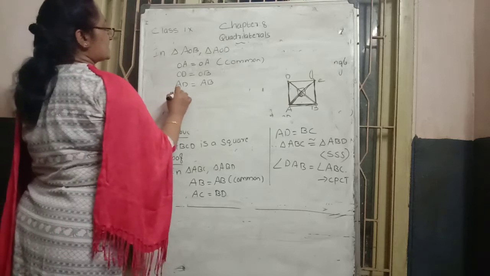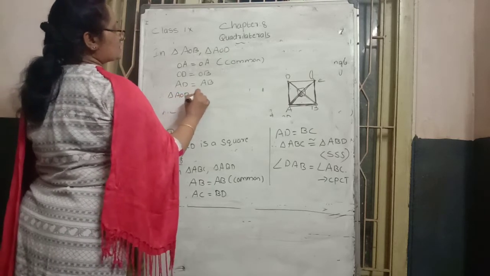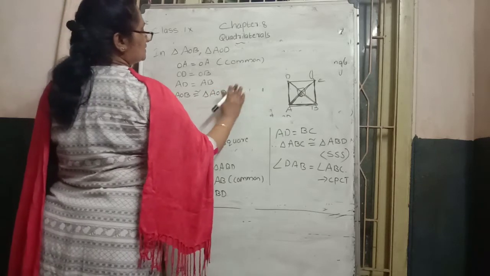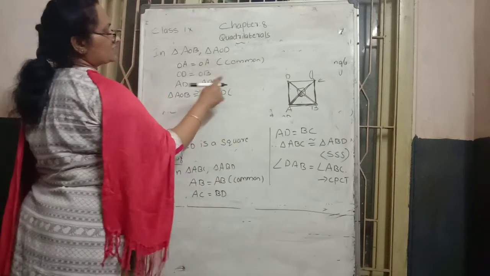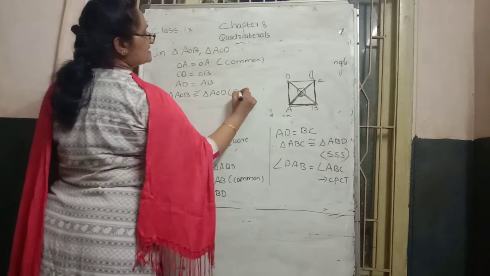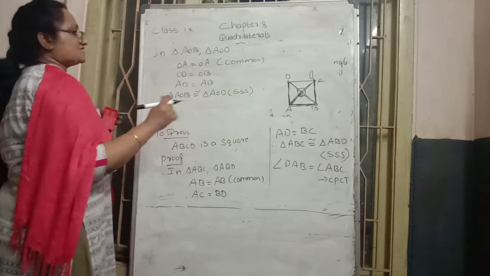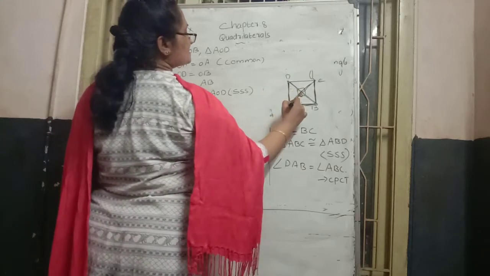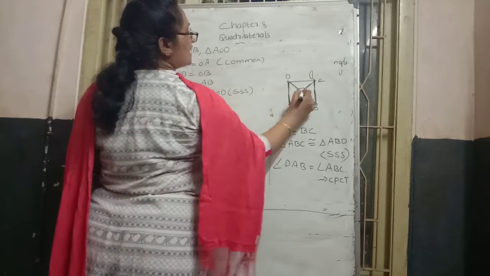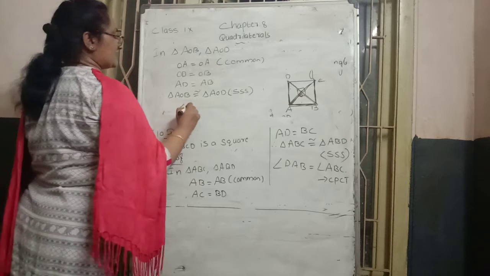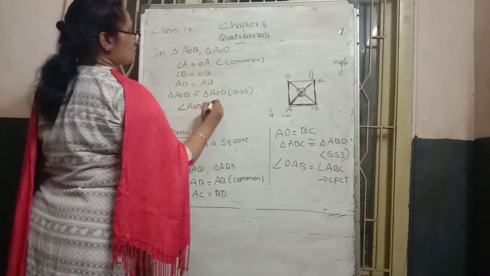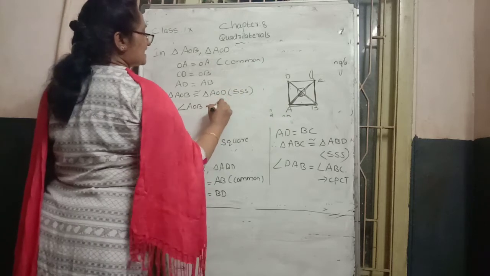Therefore, triangle AOB is congruent to triangle AOD by the SSS property. By CPCT, we can take the angles AOD and AOB.